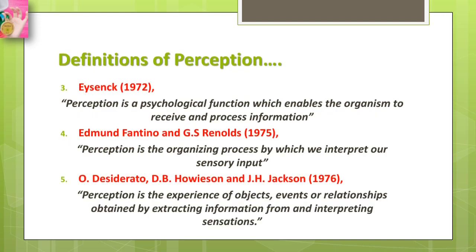According to Eysenck in 1972, perception is a psychological function which enables the organism to receive and process information. Then, according to Edmund Fantino and G.H. Reynolds in 1975, perception is the organizing process by which we interpret our sensory input.